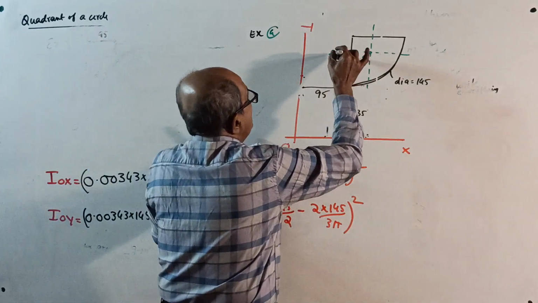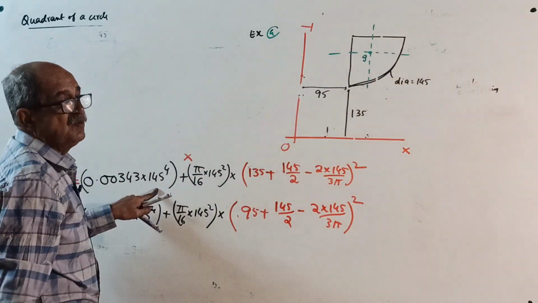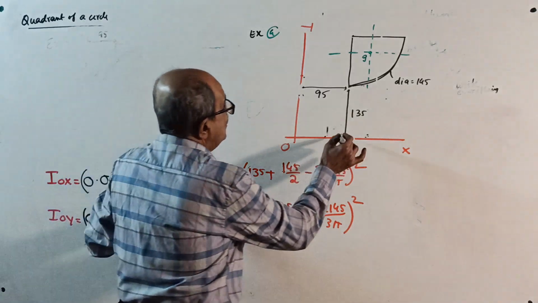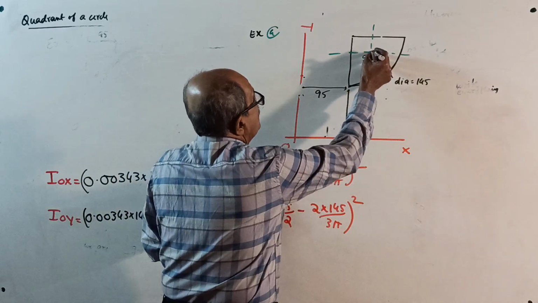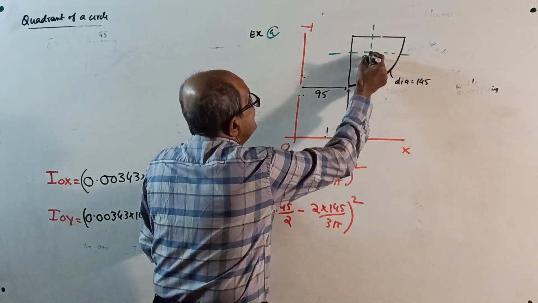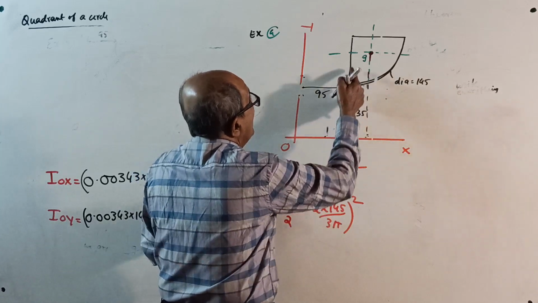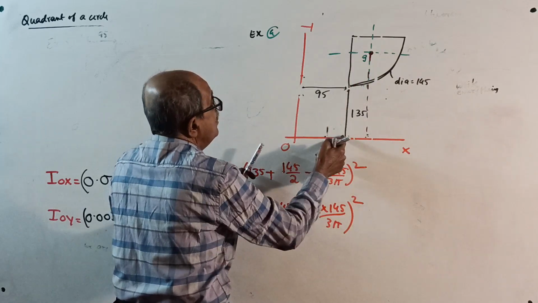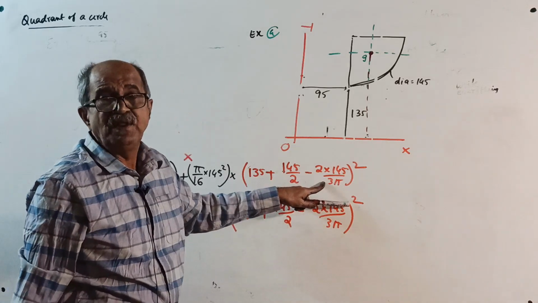First I about its own axis: 0.00343 diameter power 4 plus area into the perpendicular distance from centroid to this axis squared, that is 135 plus half of 145, full distance minus 2d by 3 pi, whole square.